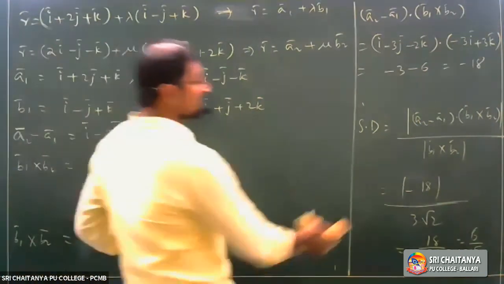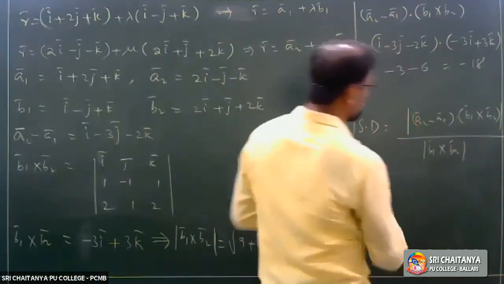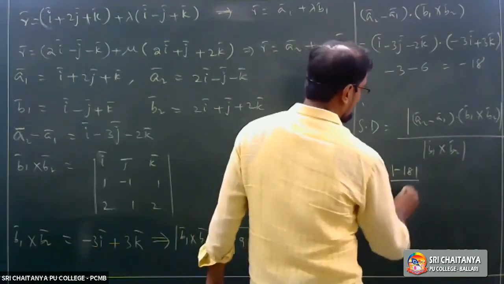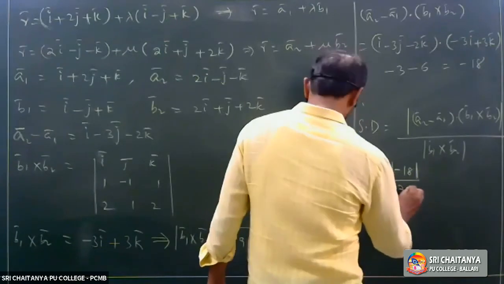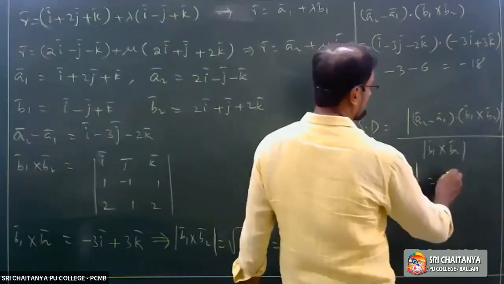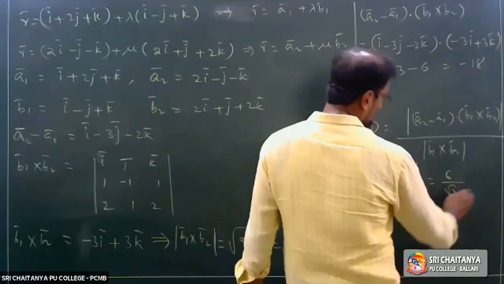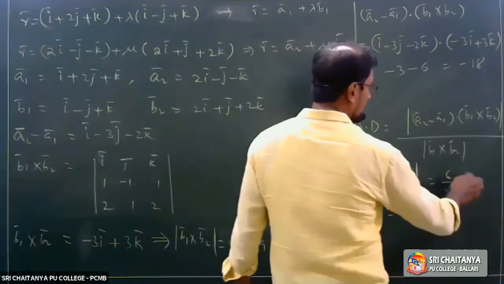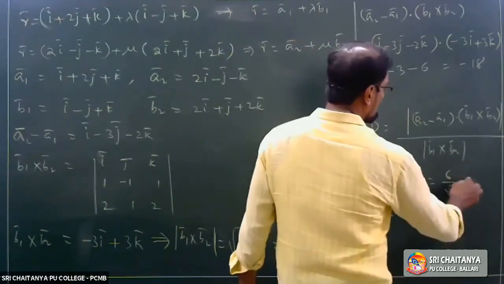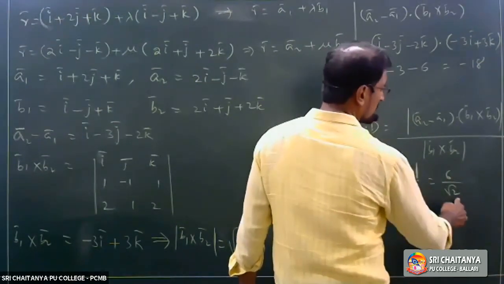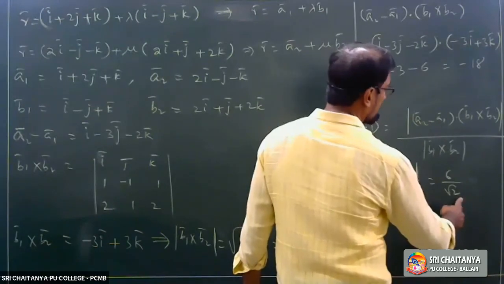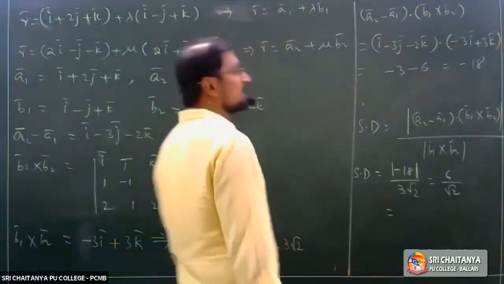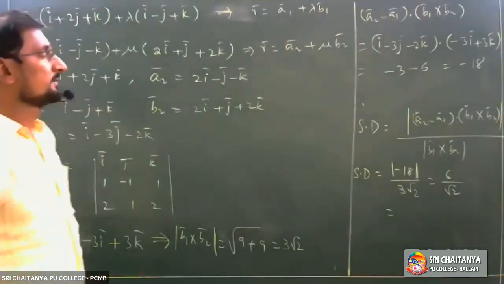Shortest distance is equal to minus 18 by 3 root 2, which you can write as 6 by root 2. Multiplying and dividing by root 2, root 2 into root 2 is equal to 2, so you are going to get 6 into root 2 by 2.